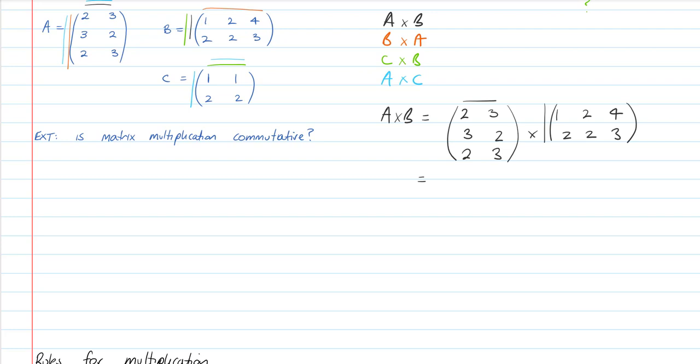So I start by doing 2, 3 times 1, 2. So I get 2 times 1 plus 3 times 2. And I won't simplify it yet, I'll go through and do each one at a time.